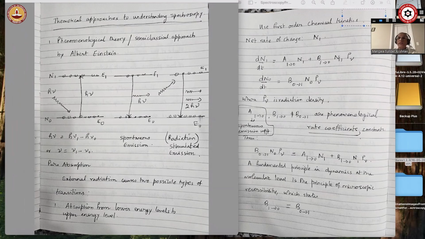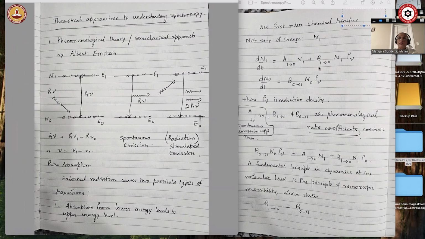So you can see this is like a second order reaction. Each one is first order with respect to the concentration. So B10 is like a second order rate coefficient. Here also it is like a second order rate coefficient. First order with respect to N0, first order with respect to rho nu.